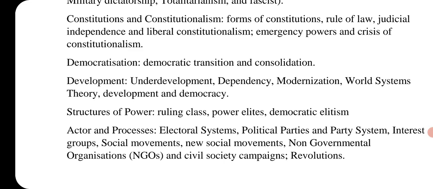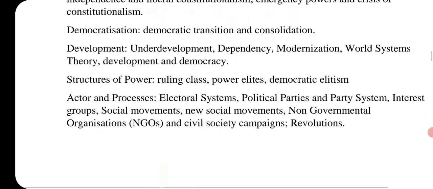Next one, actors and processes, electoral systems, political parties and party system, interest groups, social movements, new social movements, non-governmental organizations and civil society campaigns, revolutions.